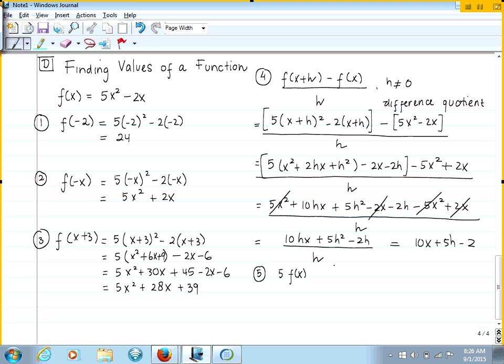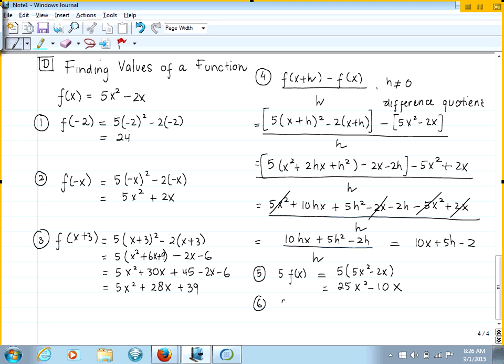What about if I have 5 f of x? It's easy. What do you do? Yeah, so it is 5 times whatever we have. 5 times 5x squared minus 2x, right? So this is 25x squared minus 10x. Good.